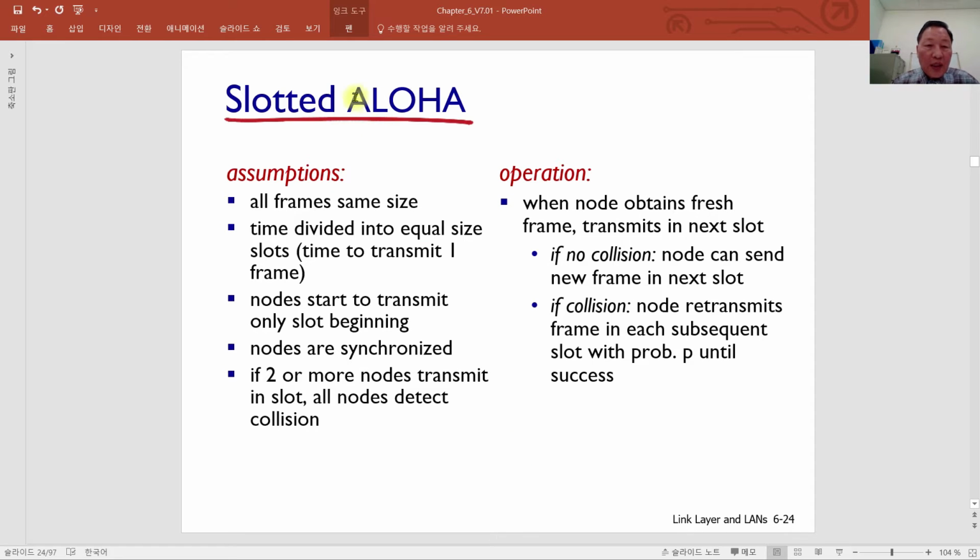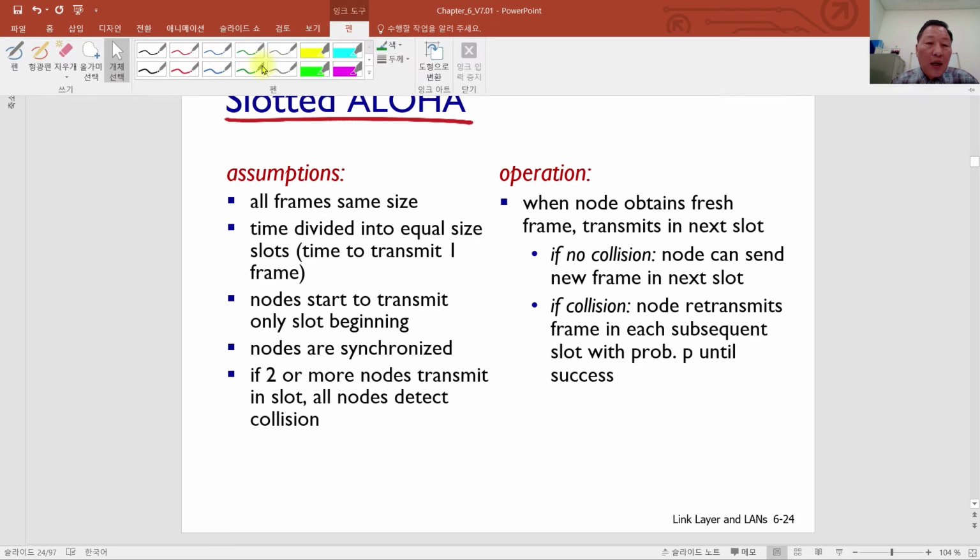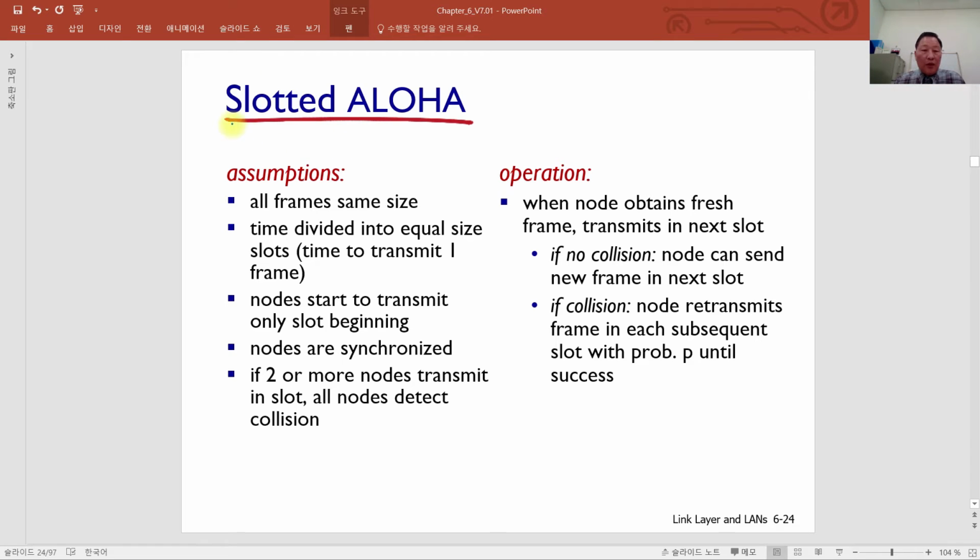First, let's look at slotted ALOHA. We are using slots, and that is the main difference between slotted ALOHA and the normal ALOHA scheme. These are the assumptions. All frames are the same size.